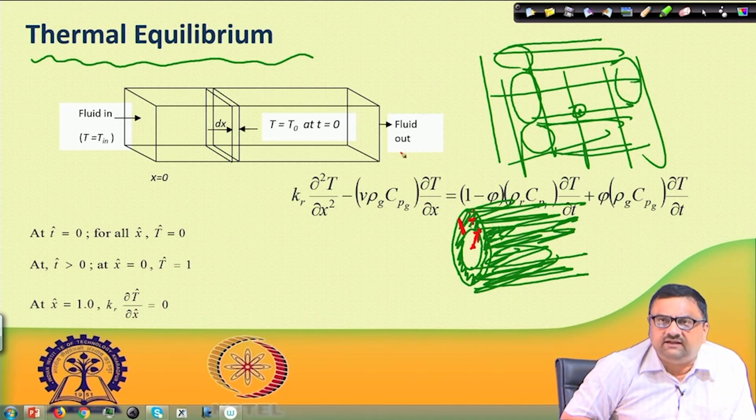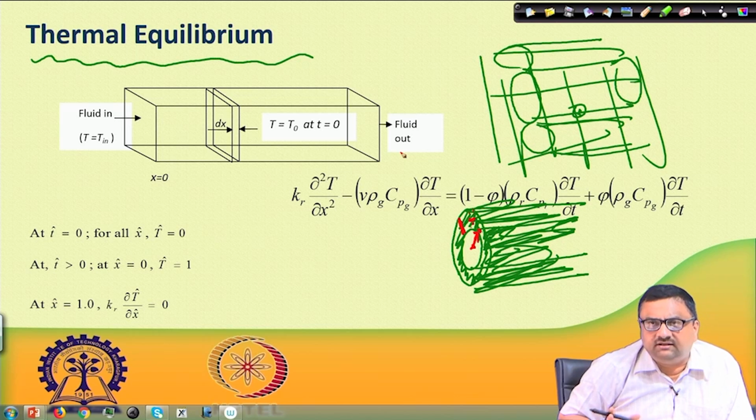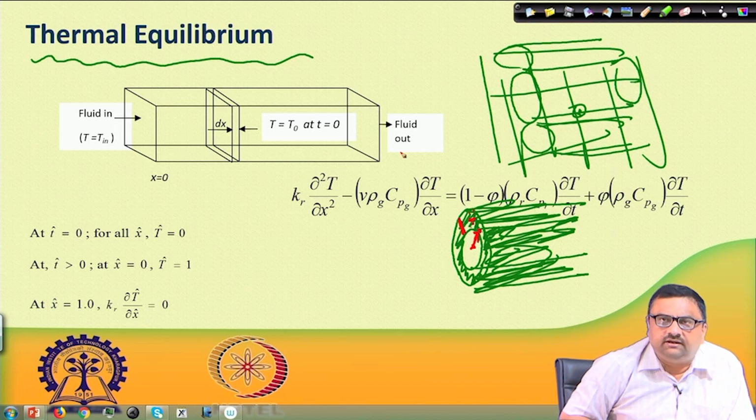The solution is available. In fact, for rock and fluid, there is an analytical solution available by Bailey and Larkin that was developed quite some time back. Numerically also, one can write a small code in MATLAB or any other standard software and solve this equation. So, this is a much simpler way to treat the problem.